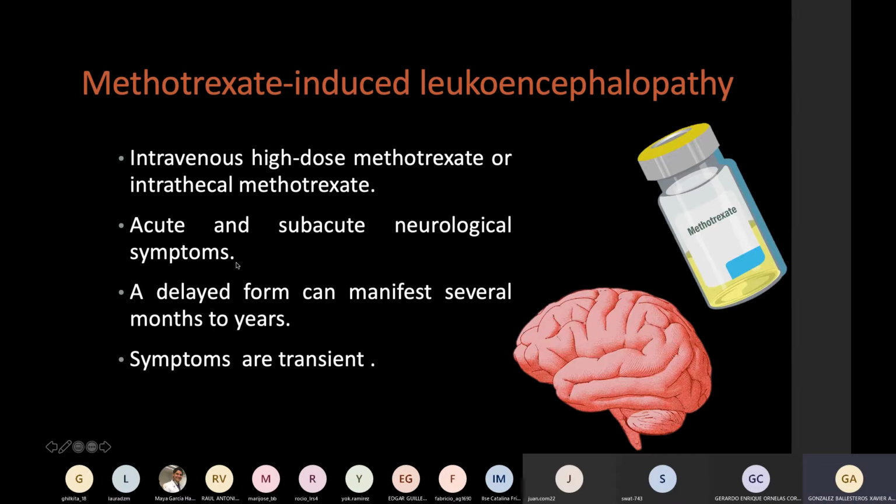Commonly, the patient presents with seizure or focal neurological deficit, but luckily, the neurological deficits are often transient.